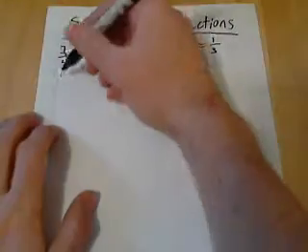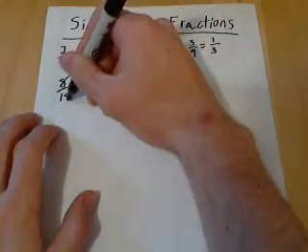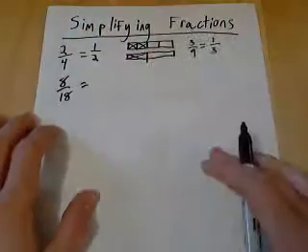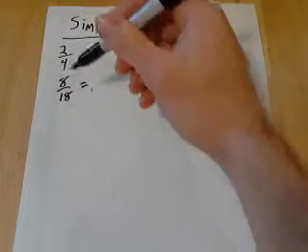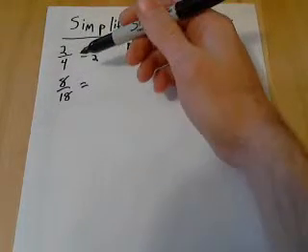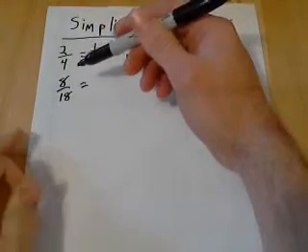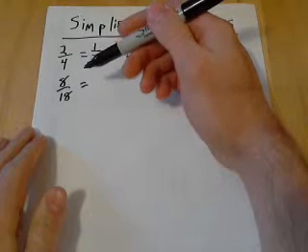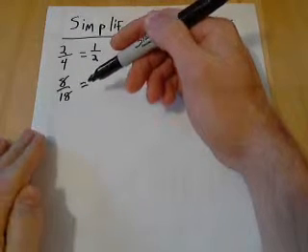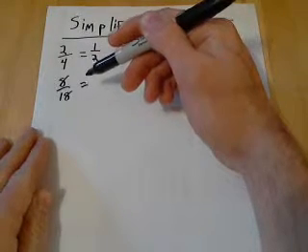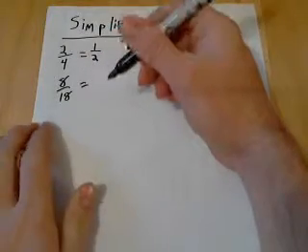So now let's go with 8/18 and simplify that. So 8 has factors of 2, 4, and 8. 18 has factors of 9, 2, and 18. So let's take the common factor here of 2.